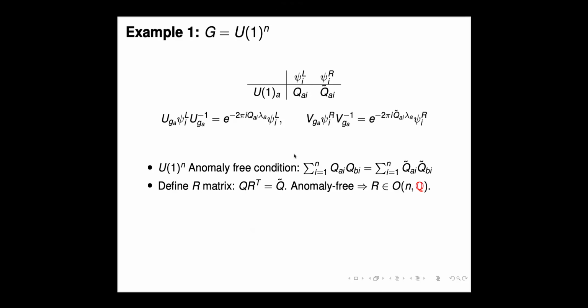It's simpler if we introduce another symbol, called the R matrix, which relates Q and Q tilde in this way. The anomaly free condition implies that this R matrix is orthogonal. I want to highlight that this R matrix is in general not an integer valued matrix, although Q and Q tilde are integers.